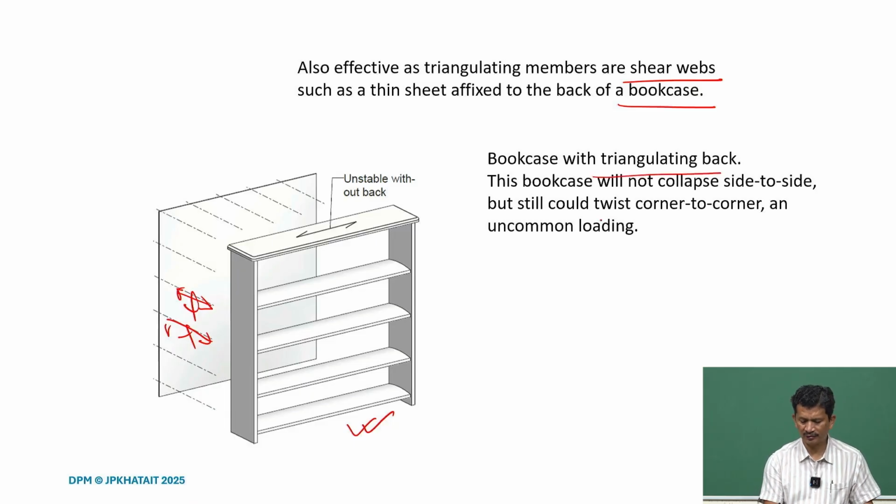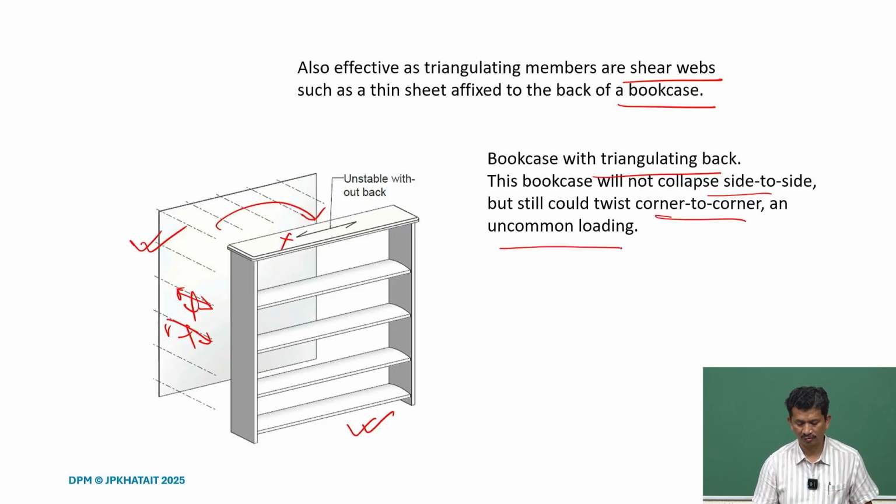Again, here what it says is, side to side will not collapse because this will prevent it. But what will happen to corner to corner movement, the diagonal? That still has to be solved. So we will see some examples later of how to resolve that issue.